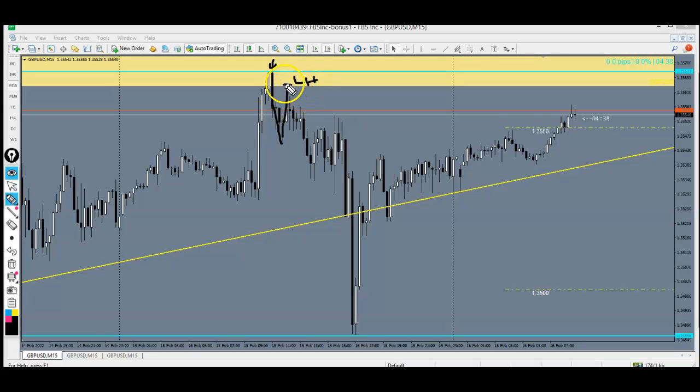So from this level here, it gives us an indication that price is likely to move down even further. By the close of that candle, we see that price closed just down there after moving all the way up. So there is a lot of supply, sell orders here at this level, and then price broke to the lower side.